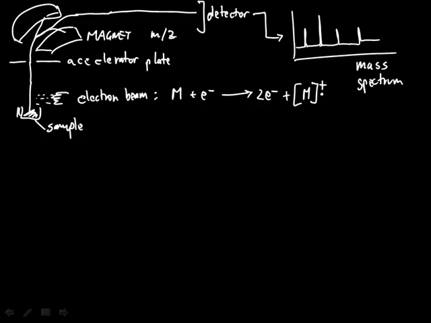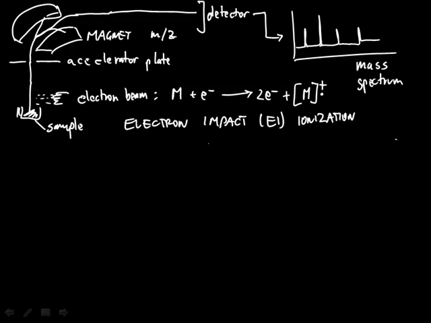Okay, because of the phenomenon that produces the ion, that is electron impact, this is known as electron impact, or EI ionization spectroscopy. And this is one of the most common techniques in mass spectrometry.